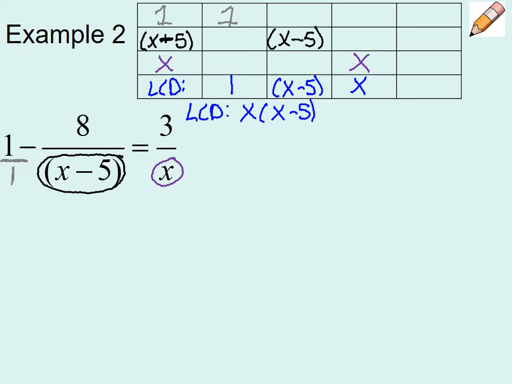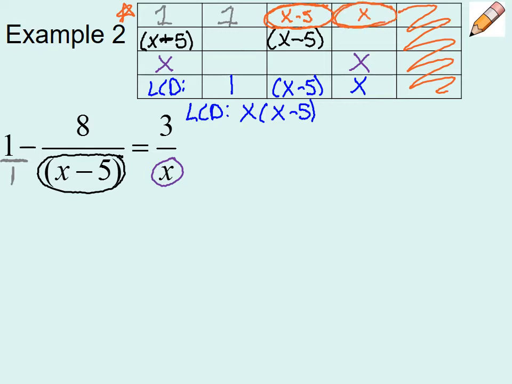Now I'm going to go through, find what each fraction is missing, and multiply the numerator by whatever it's missing. So if I look at my first one right here, anywhere there's an open space, well, this one's canceled out, so anywhere there's an open space. I have an opening here, and that should be x minus 5, and I have an opening here, and that should be x.